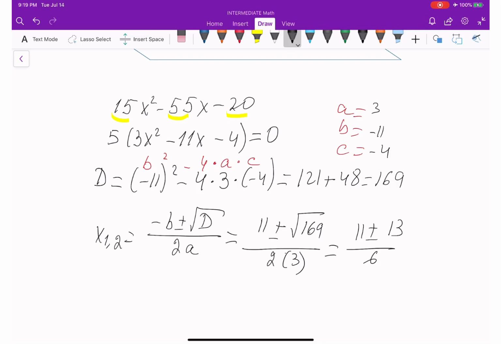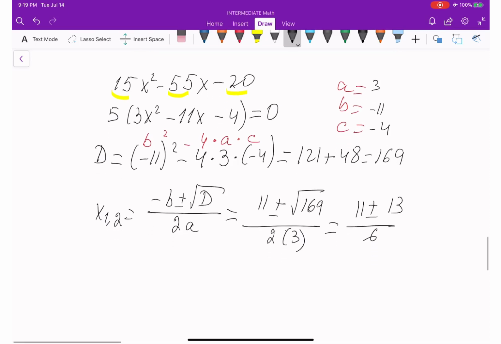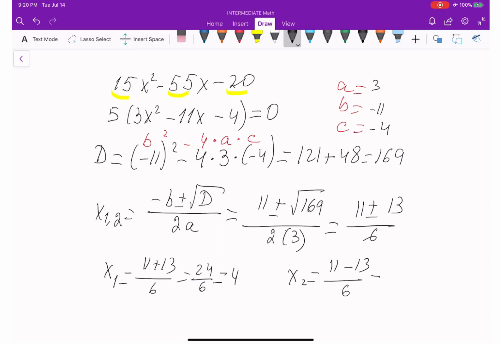And we are going to get x1 equal to 11 plus 13 over 6, which is 24 over 6, which is 4. And x2 is equal to 11 minus 13 over 6, which is negative 2 over 6, which is negative 1/3.